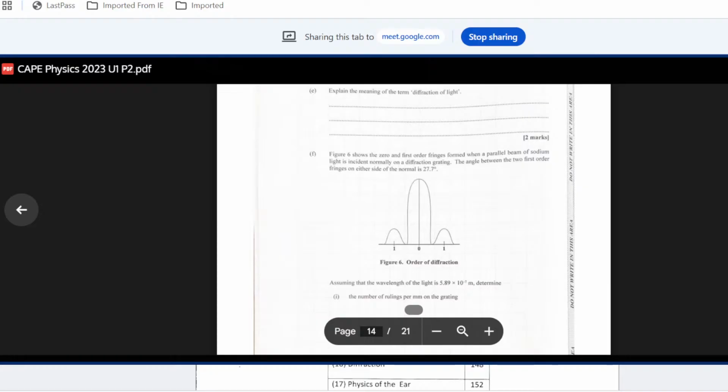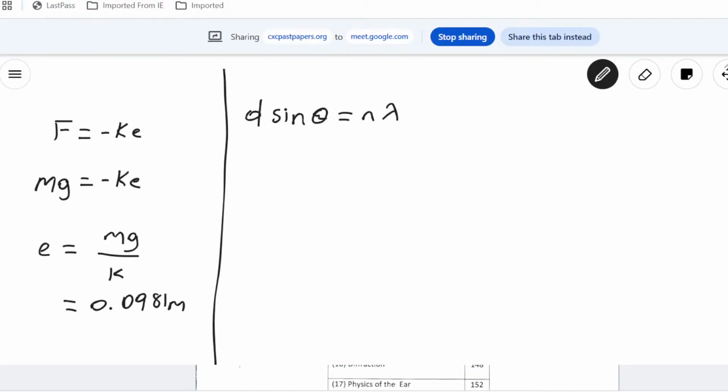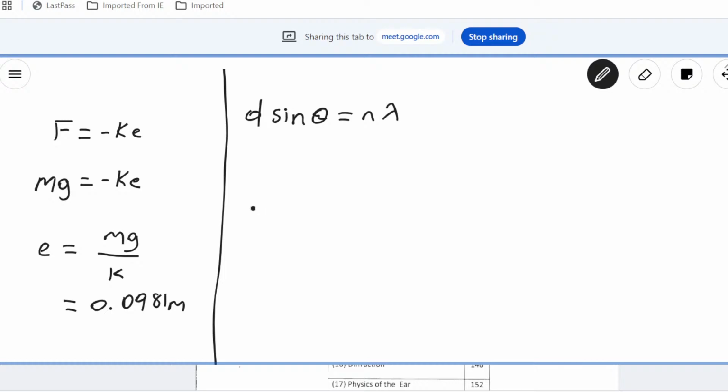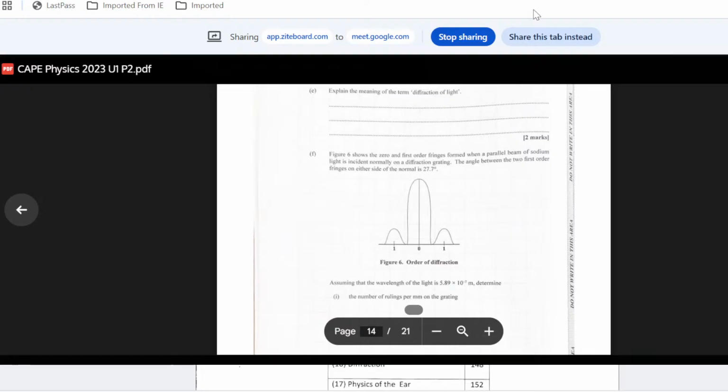Alright, so let's do that. So we need to know what n is, what lambda is.